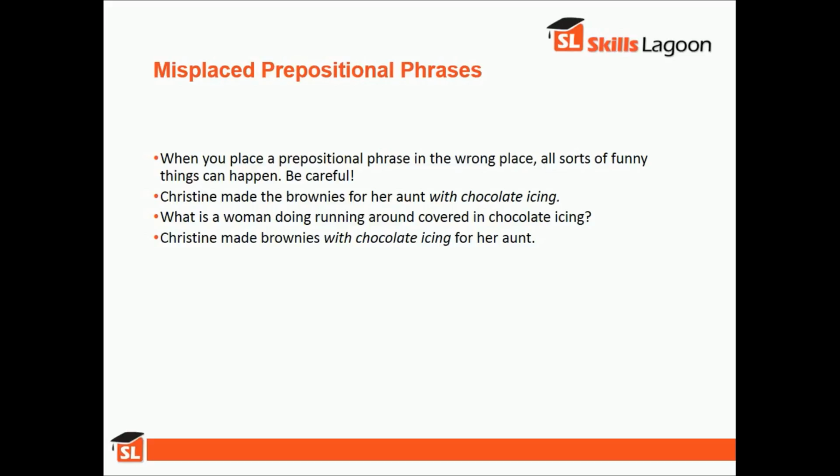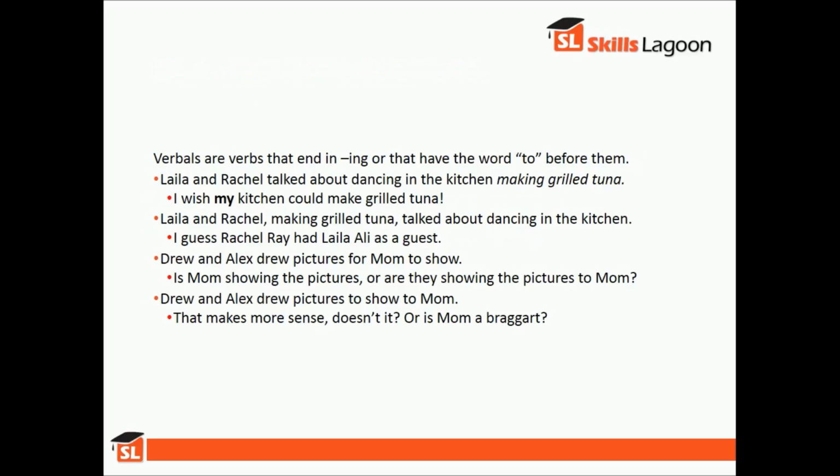What is a woman doing running around covered in chocolate icing? That's how the previous sentence feels, that it's the aunt with chocolate icing. Correct formation would be "Christine made brownies with chocolate icing." So the brownies are getting modified with chocolate icing, and that's what she made for her aunt.